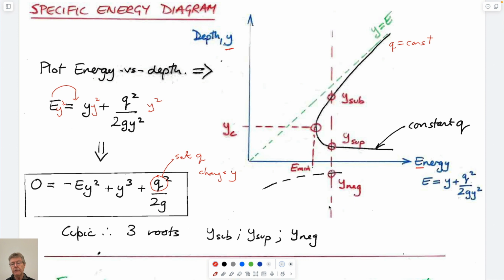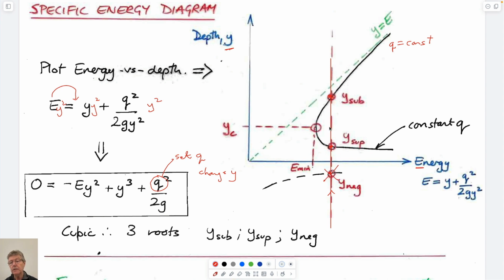If you take a given value of energy, say on this curve here, then those exactly are the definition of the 3 roots of this cubic equation. This will be one root. This will be another root, and this will be a third root. Negative depth of flow makes no sense for a flow, so we don't care about this one.